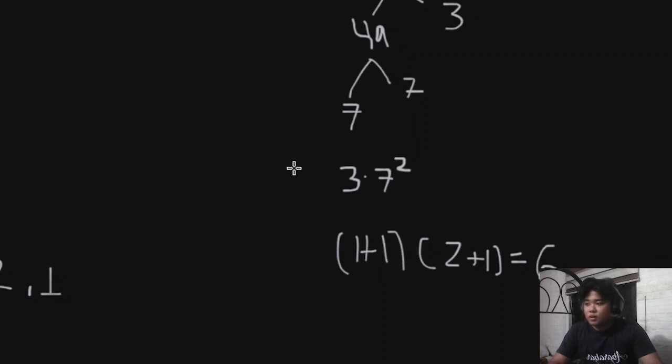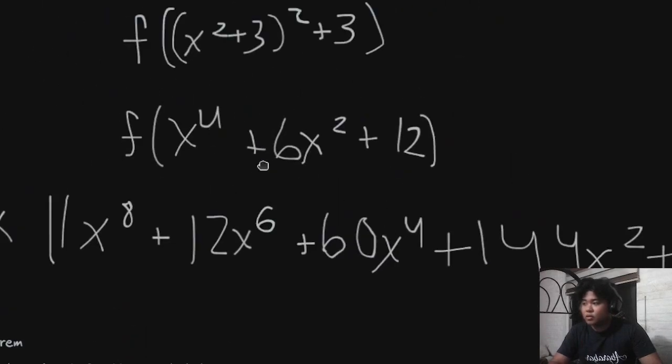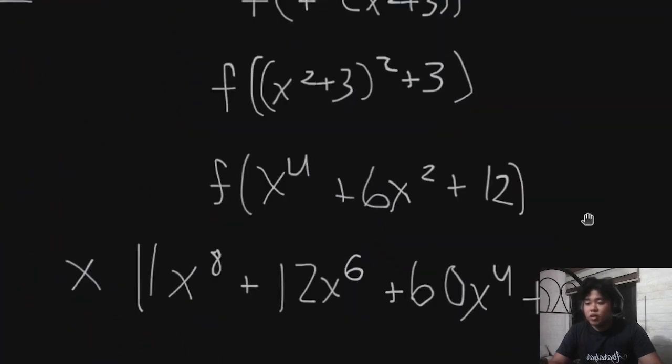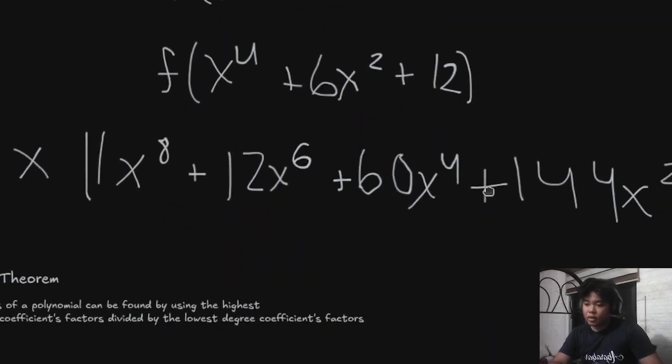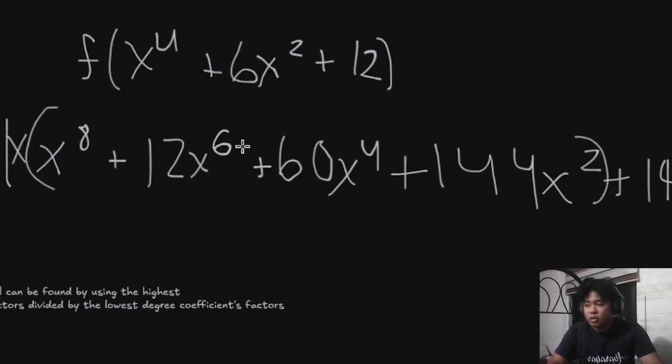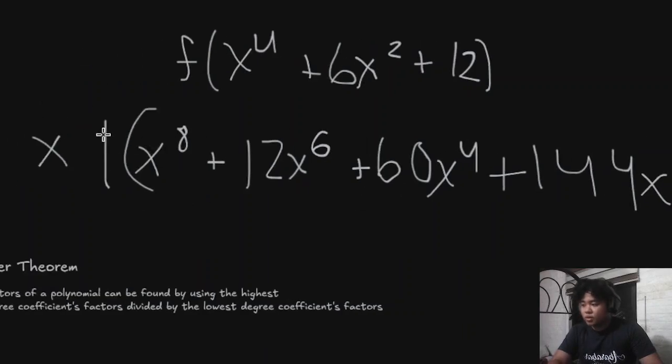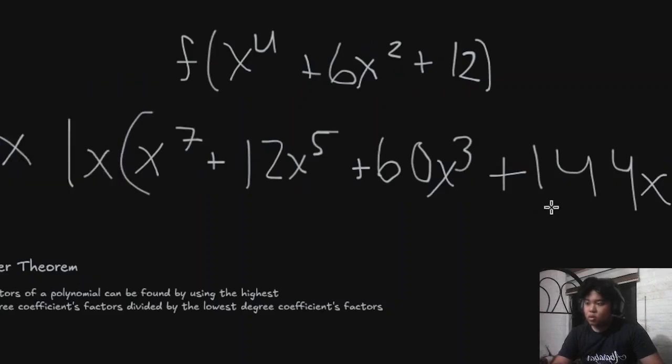So we get the final answer of 6, the number of factors of x. Another way of thinking about it is by factoring this expression by x. As we can see, we can remove the x in here, and we can remove the x in this expression, and this will leave us this.